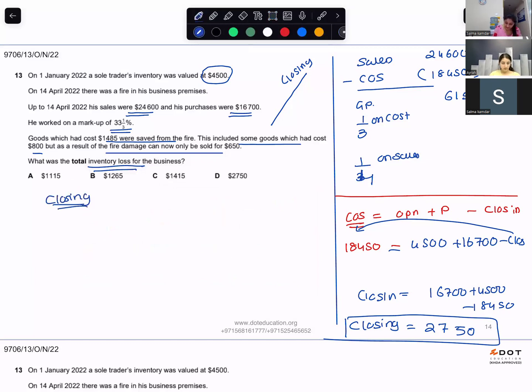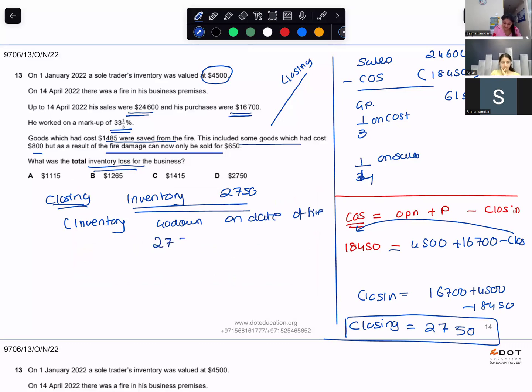Closing inventory, I'm saying it's 2,750. That means this is the inventory which is in your godown on the date of fire. From this 2,750, goods which had cost 1485 were saved.